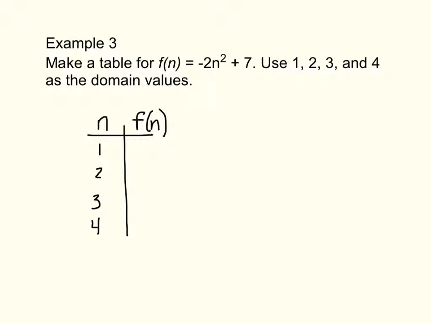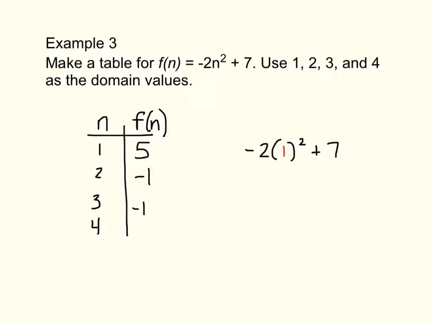Now for the most part, if you wanted to show work on this, you can. It should be easy. For example, if we plug in 1, 1 squared is 1, times negative 2 is negative 2, plus 7 is 5. If you plugged in 2, 2 squared is 4, times negative 2 is negative 8, plus 7 is negative 1.